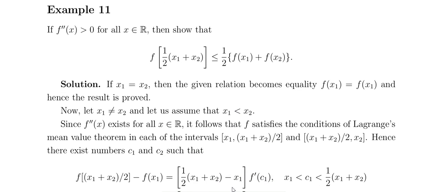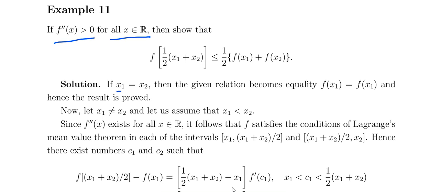Now consider a simple question: if the second derivative f double dash of x is greater than 0 for all x belonging to R, then f of (x1 plus x2) by 2 is less than or equal to 1 by 2 times (f of x1 plus f of x2). The second derivative is greater than 0, so this is true.